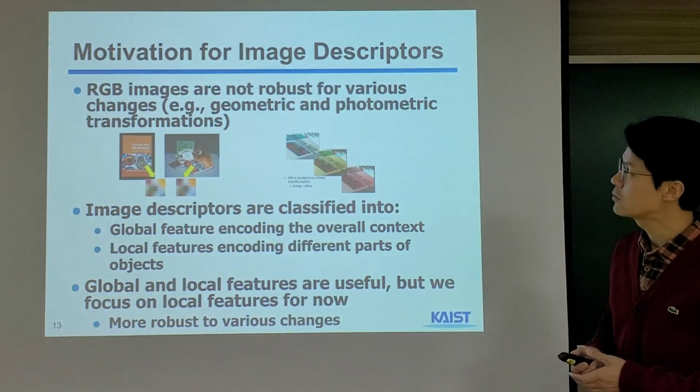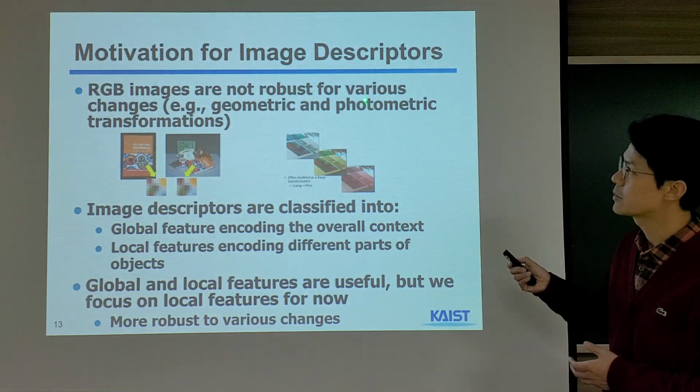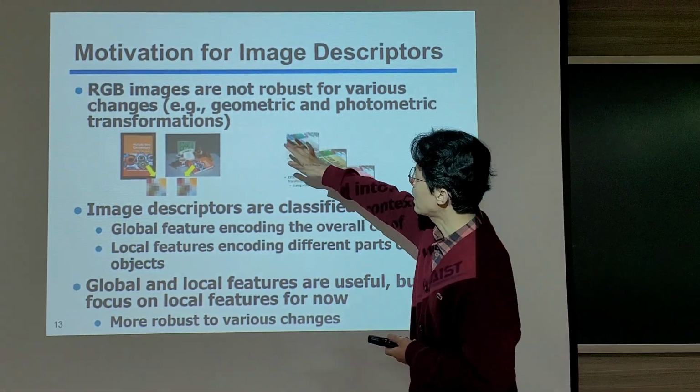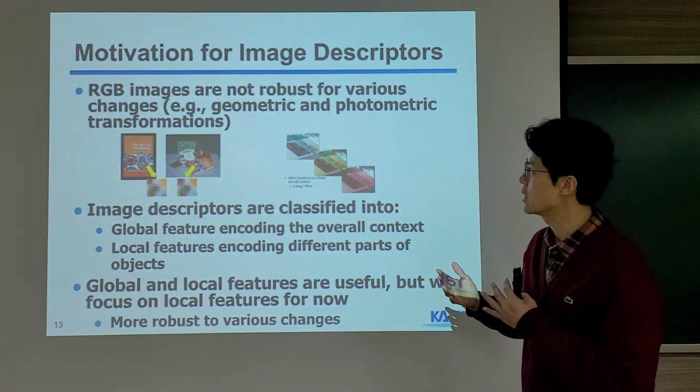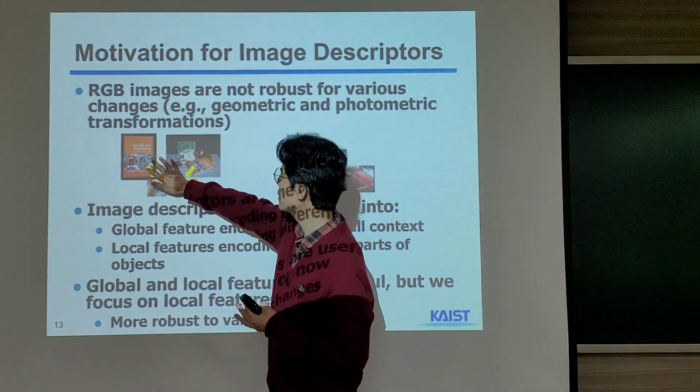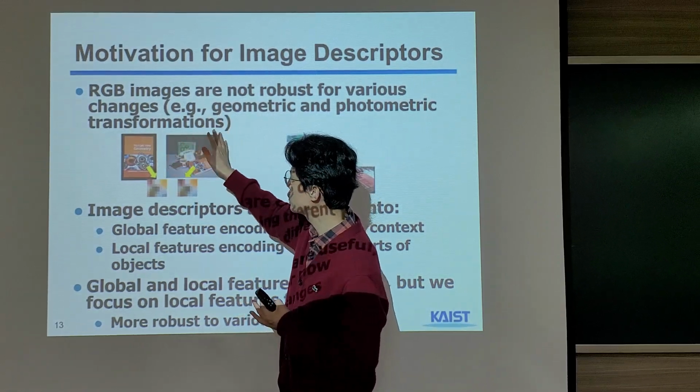So let's get back to our image descriptor. We know that RGB images themselves are not robust to the various changes. There could be many different changes. Suppose we are looking at this book from two different sides.